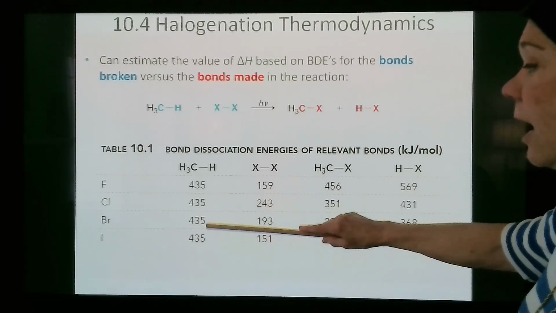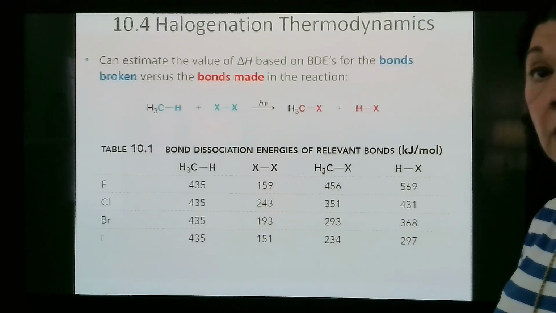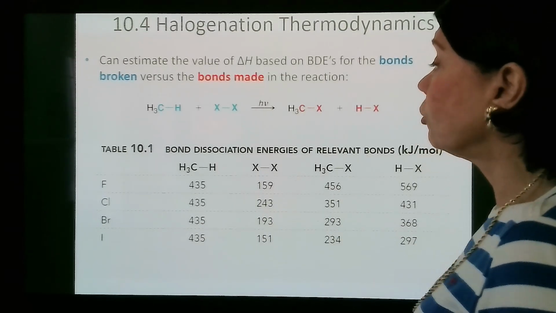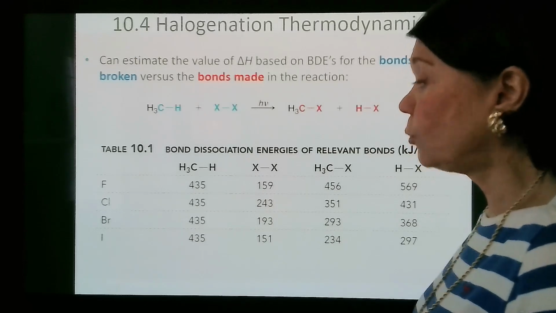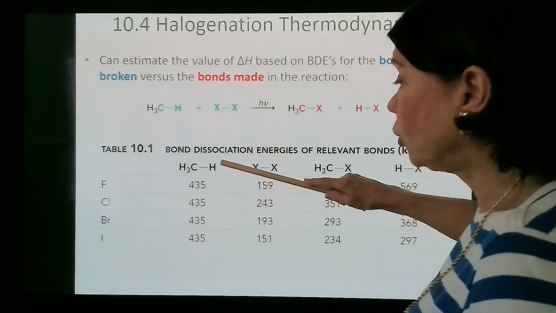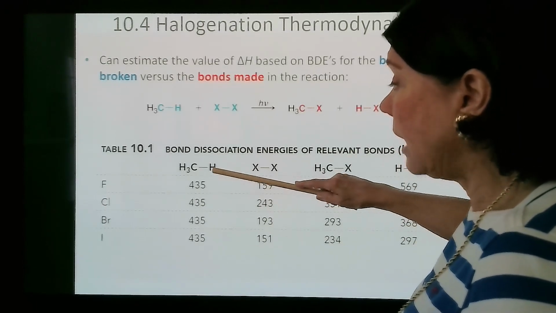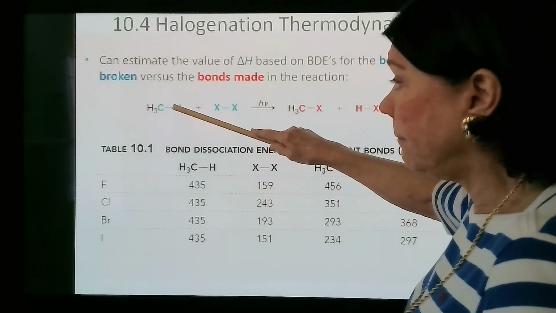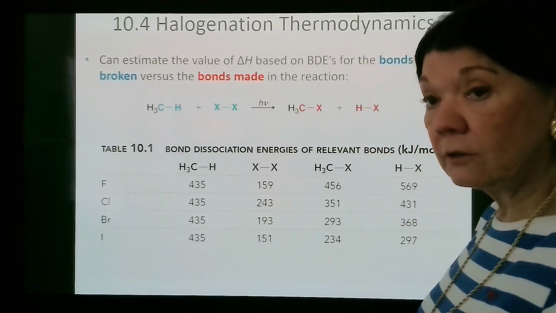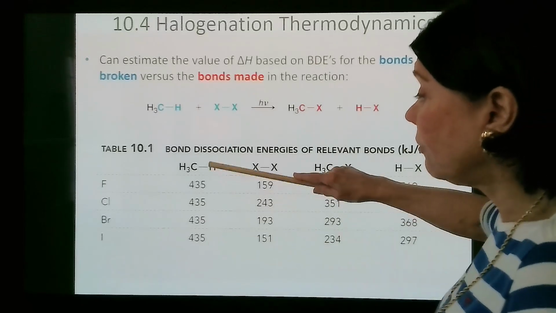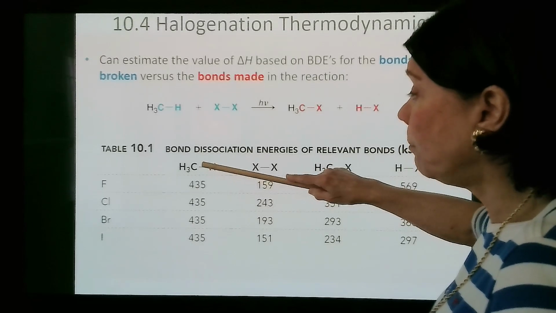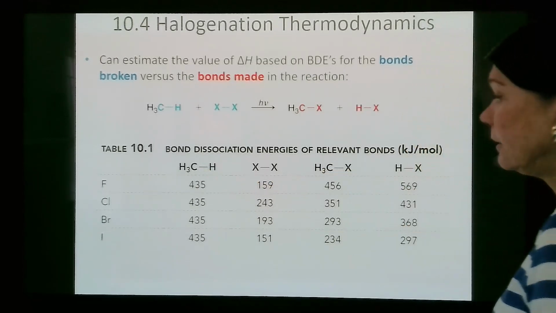So this is going to have a huge impact on the reactions. And what you're going to see as we go through all of this is that the abstraction of H dot from methane is going to be the rate determining step. And that's because of the contribution of the bond dissociation energy of this bond in the reactions.